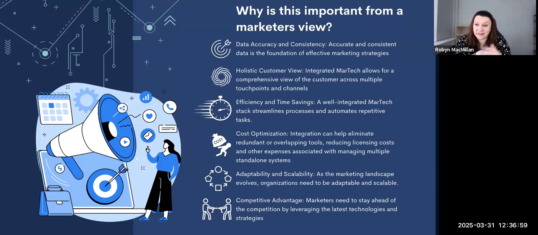We need to be there when they need us to be. We get a holistic customer view. It saves us time and energy. We save a lot of money within our resources and our platform choices. We can adapt and scale where necessary, and it also gives us that gorgeous competitive advantage that we are all fighting for, especially at the moment.